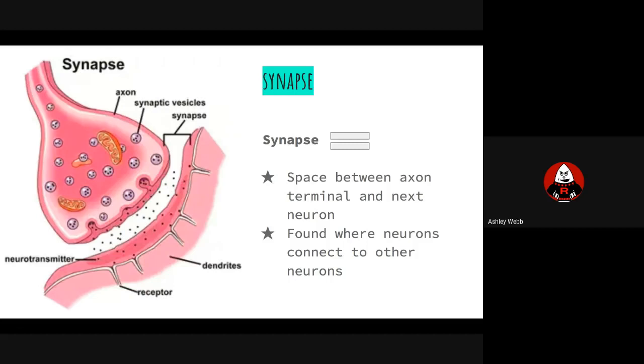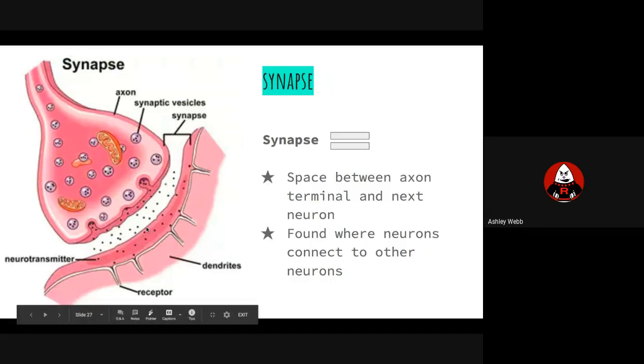If we could look at a line of neurons connected, this big pink would be the end of the axon terminal. This end here that's kind of concave is the end of the dendrite.